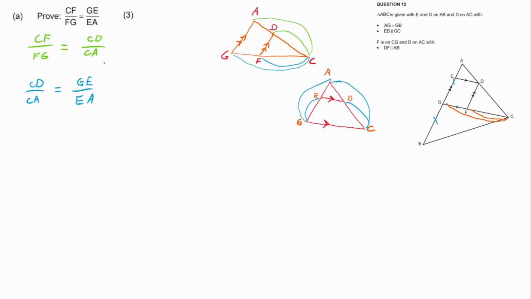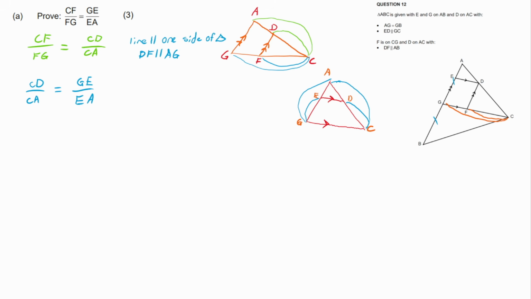Okay, and let me just include the reasons. Here we say line is parallel to one side of triangle. And we need to say what parallel lines we're working with. So in this first case, we're working with parallel lines. What did we have there? We had DF is parallel to AG.